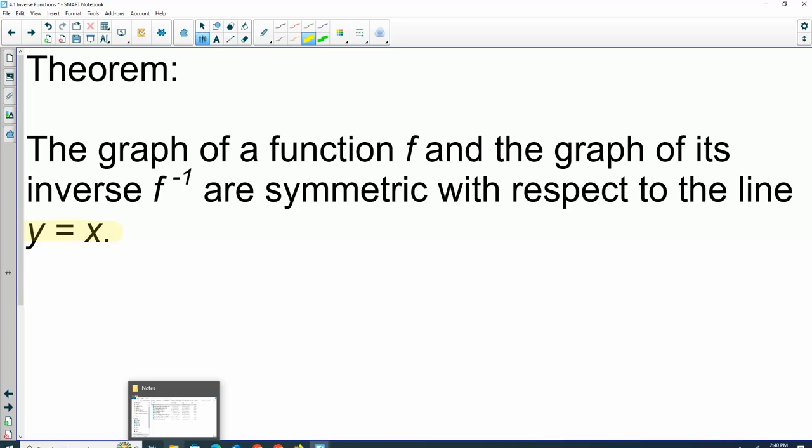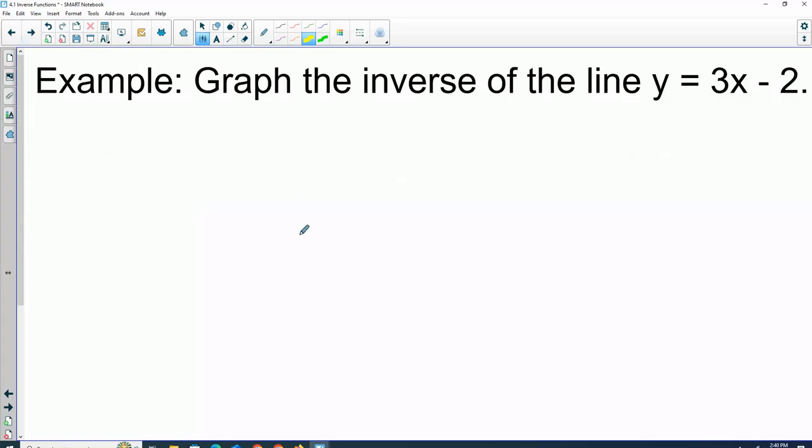I think for looking at a graph, it's probably easier just to do points for most of us. So let's practice trying to draw this one. So if I wanted to graph the inverse of this line, let's start off, we know how to graph lines. So we'll just graph that line to begin with.